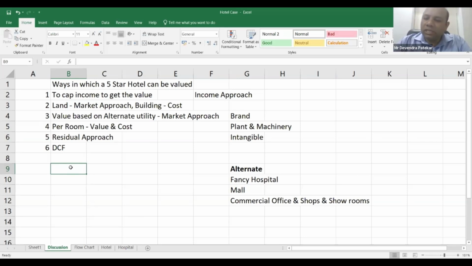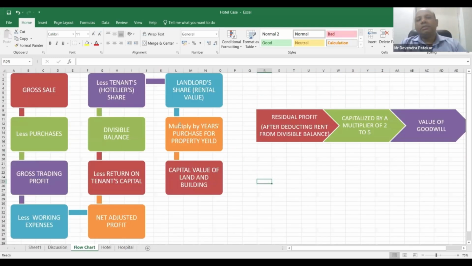So based on that analysis, the hotel valuation can also be carried out. Here the only point is to understand the concept related to that income generation. So here is the flow chart that describes the entire process and how that particular valuation is assessed with the help of the income generation.